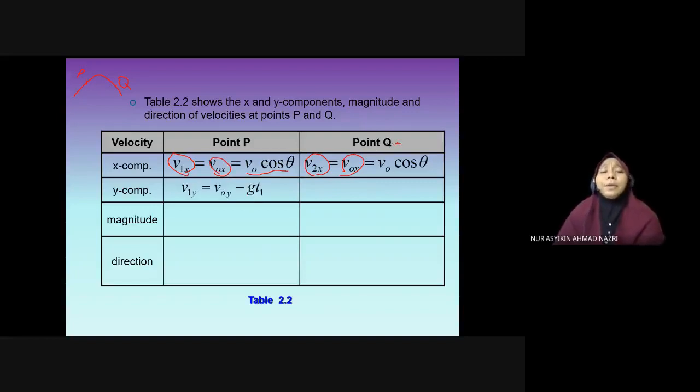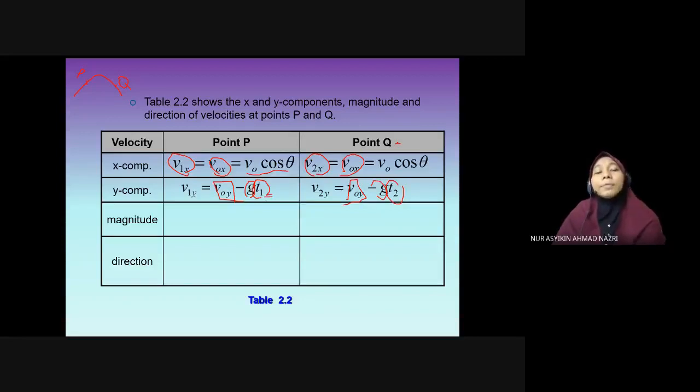But the difference will be on your Y component. Okay, for your Y component. Why? Because time changes here. Do you see? Okay, V0Y is the same. Okay, the value of V0Y is still the same. Your gravitational acceleration is still the same, but what is the change? The thing that changes the velocity is time.